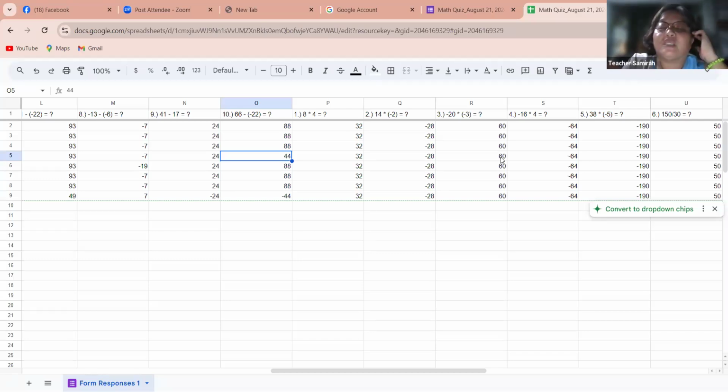It will become 66 plus 22. 66 plus 22 is equal to what? The answer will be 88. But you know what? Your answer is actually 44. So that is actually where you got confused.